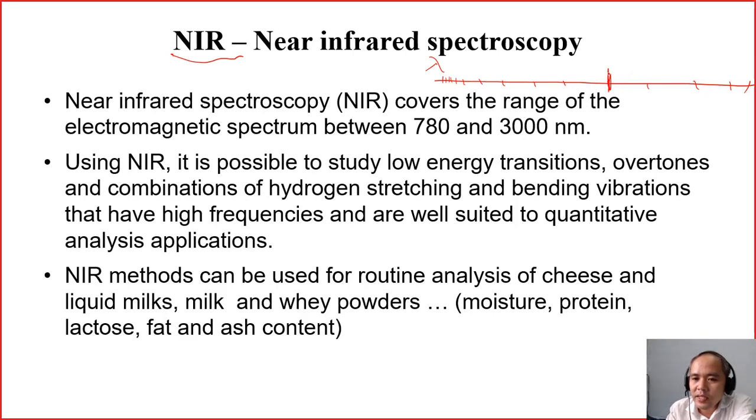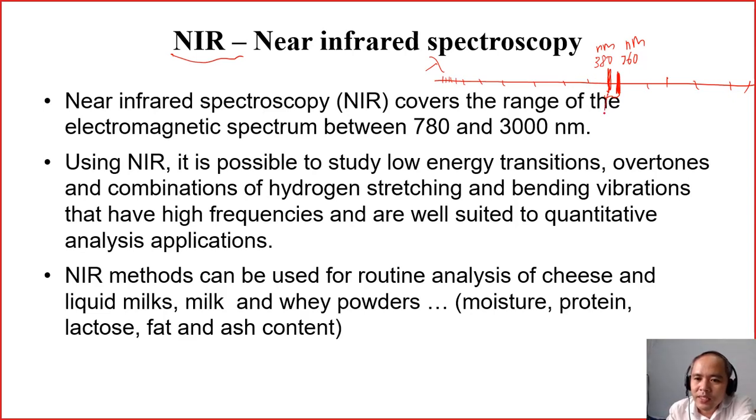The visible light, the light that we can see, is actually only a small range in this spectrum, for example the wavelength from 330 nanometers to 760 nanometers. Our eyes can only see in this range, but in reality there is a lot of radiation with many different wavelengths.